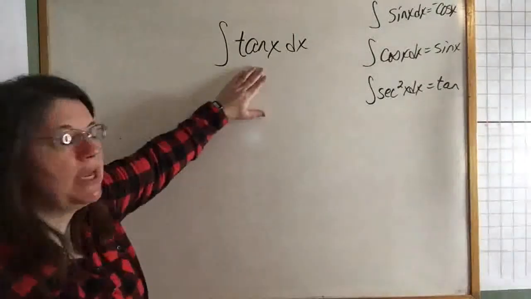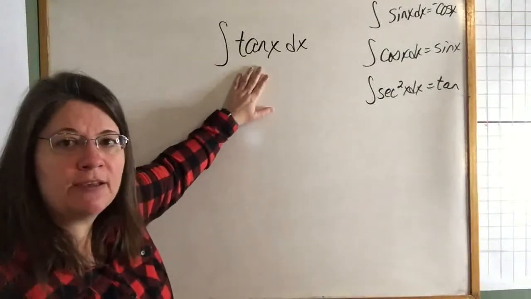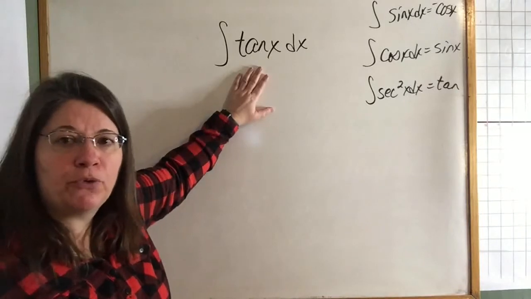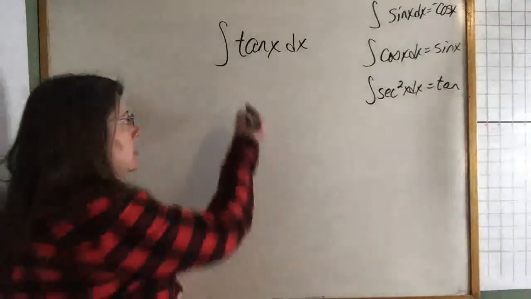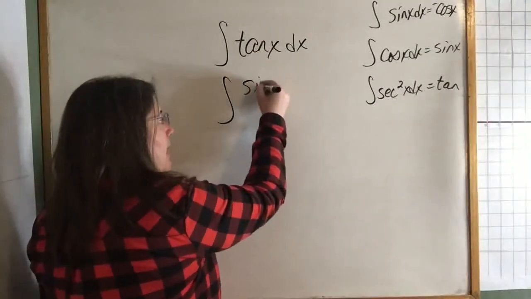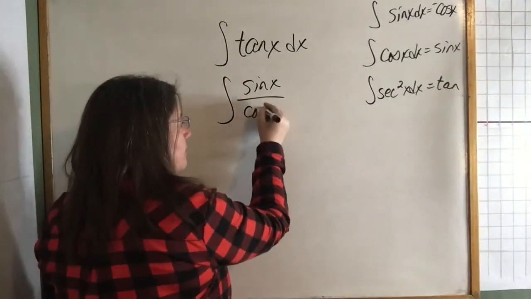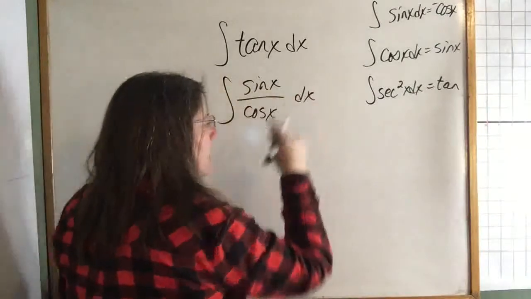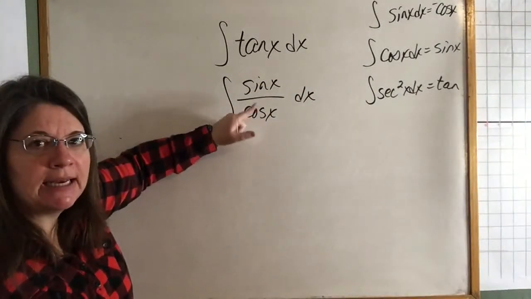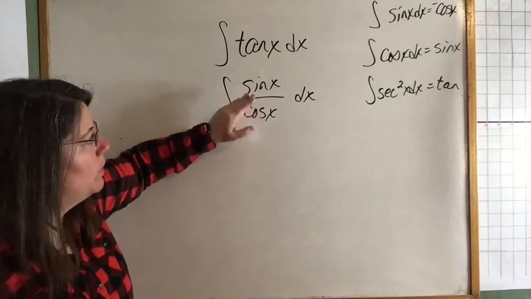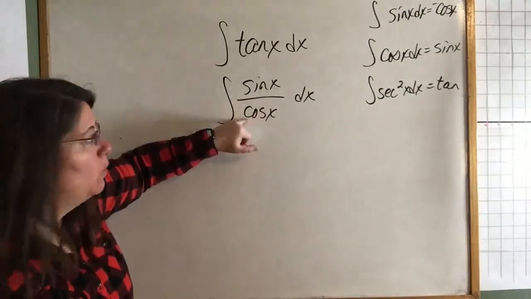So the only way we could even try to integrate this is to substitute it for something that it equals. And if you think about your trig identities, isn't tangent the same thing as sine x over cosine x? And if you think about what this is, isn't the derivative of cosine negative sine? So we almost have that derivative here. We need a negative.